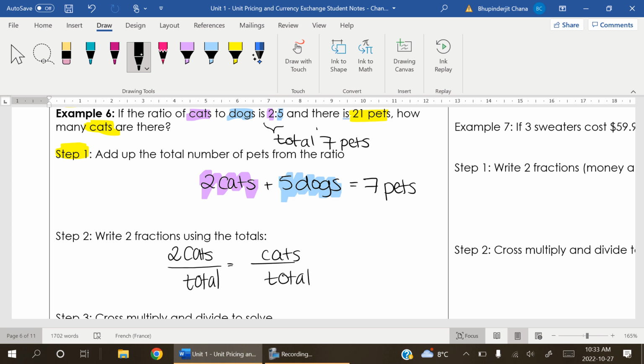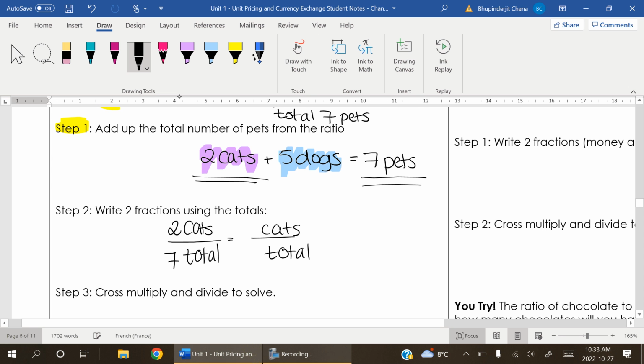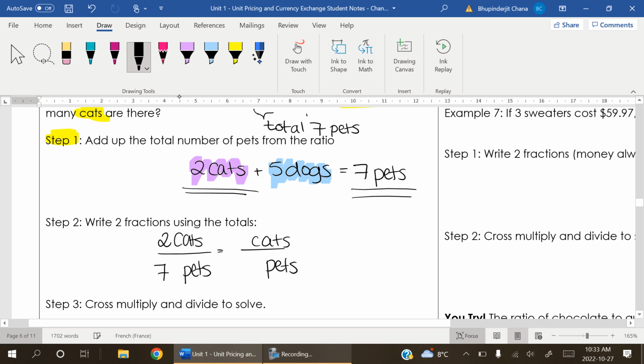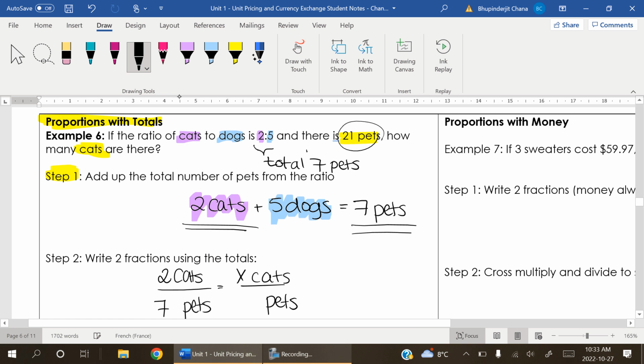We have 2 cats to 7 pets total. Okay, I'm getting that from step 1. 2 cats to 7 pets total. And if it helps, we can write pets instead of total. Okay, and then we want to know how many cats there are when there's 21 pets.